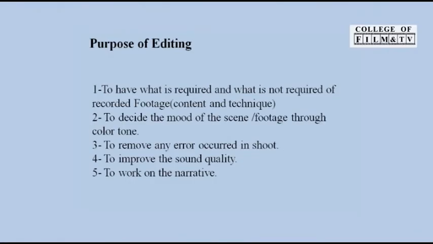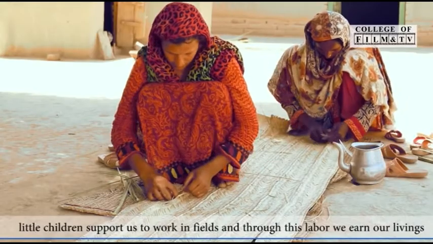The third purpose is to remove any error that occurred in the shoot. When we record things, we make sure in our production part that we do things without any error.